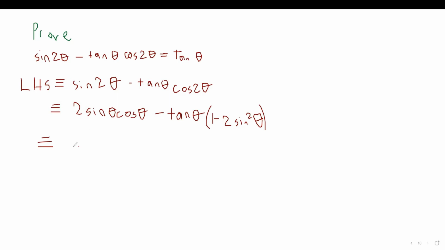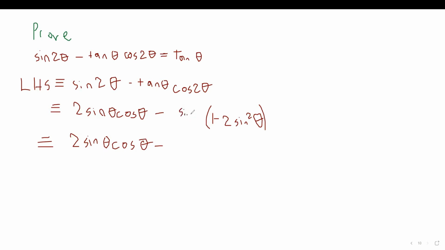So let's see what this will simplify to be. What we'll end up getting is 2 sine theta cos theta, then minus. Let's change the tan for now as sine theta over cos theta.